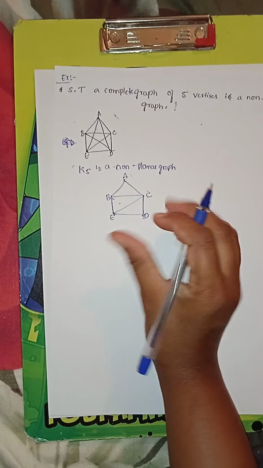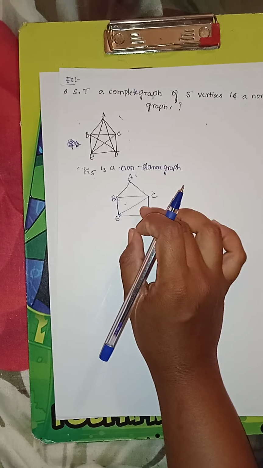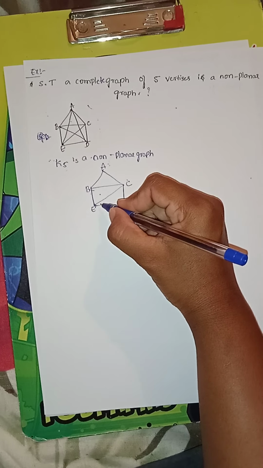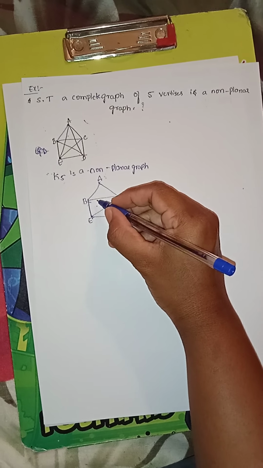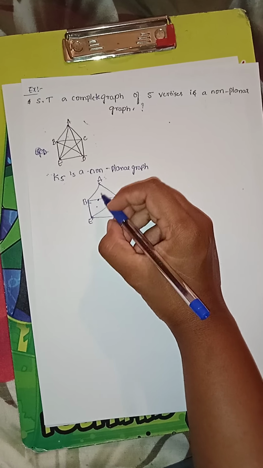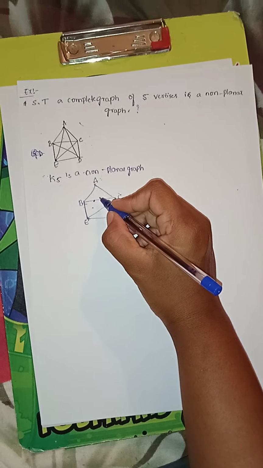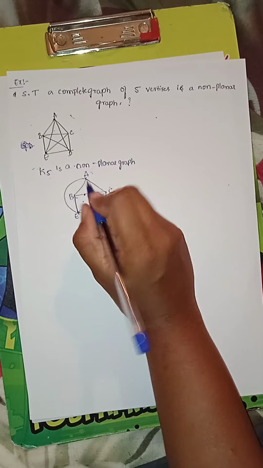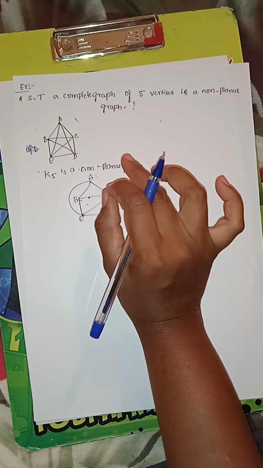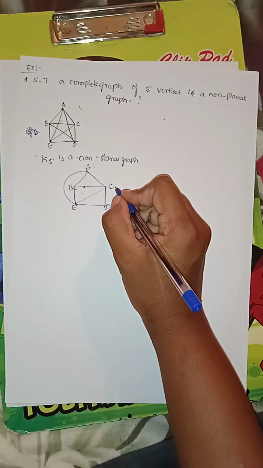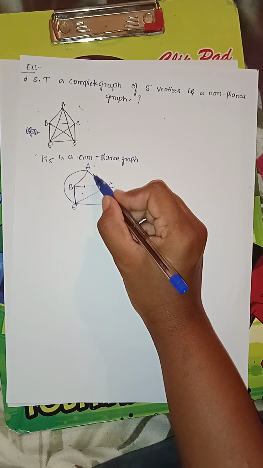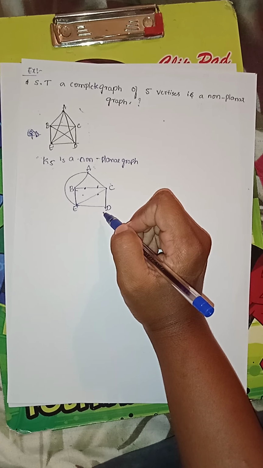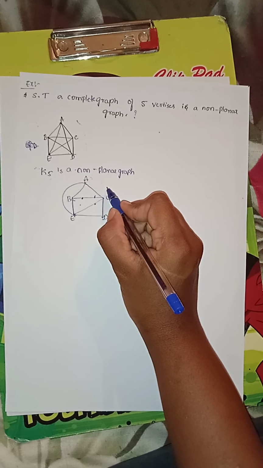Up to this point there are no edges crossing each other. Now we connect E to A. In this way, two edges cross each other at this point, so we connect like this. Now there is no crossing edge. We connect A to D like this, but then these edges cross each other, so we connect like this.